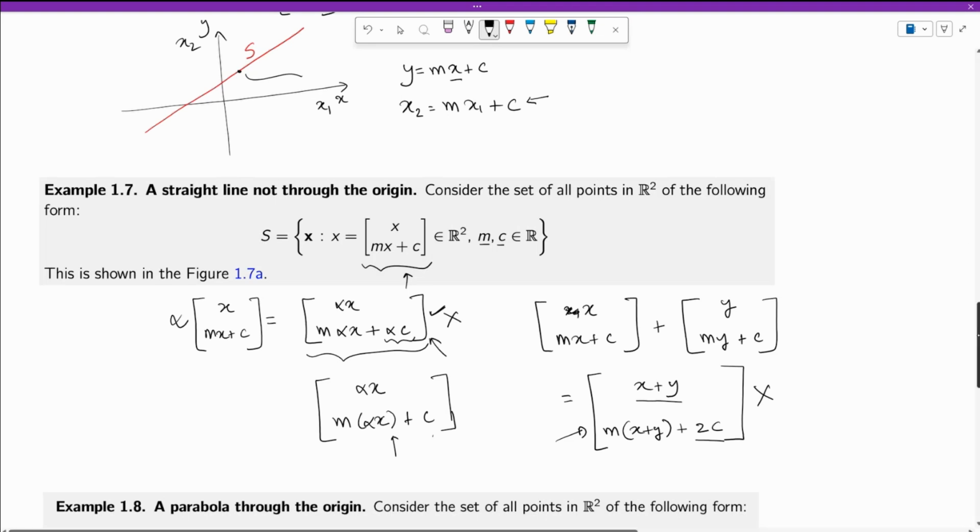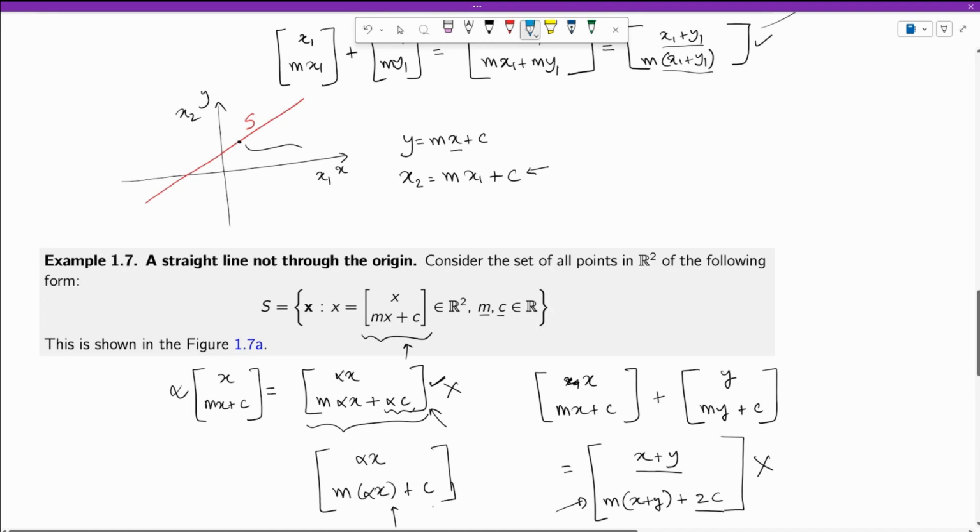And this is what we saw geometrically, right? For example, if you take a point like this and you scale it by a number greater than 1, it will go out of the line. If you take two vectors like this and you add them together, the resulting vector will go out of the line.